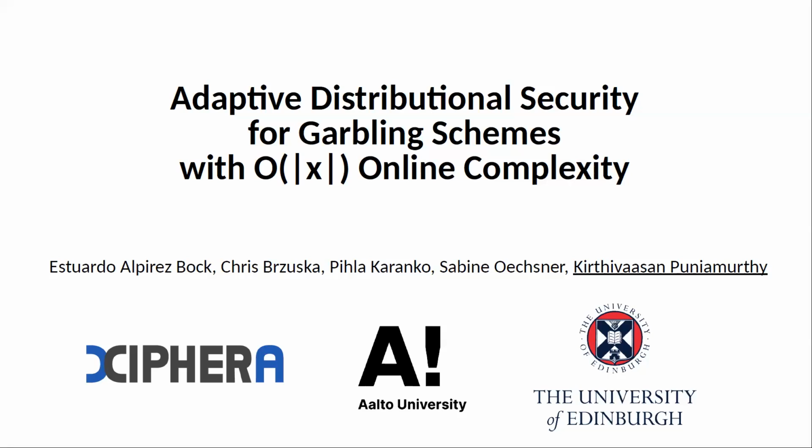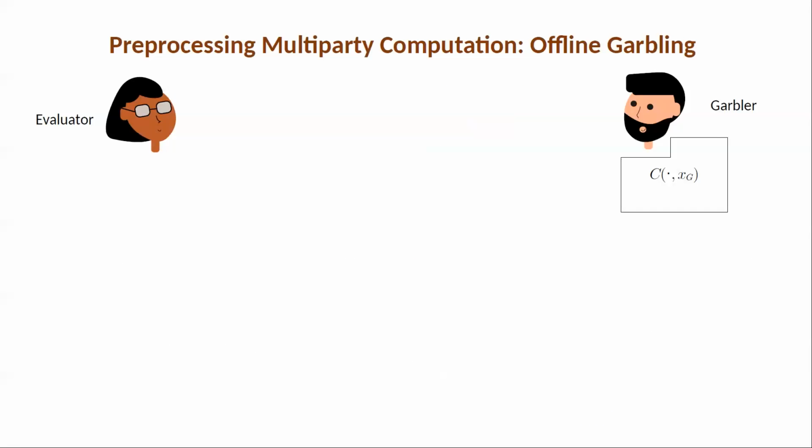So hello everyone, I am Kippy, and today I'll be presenting joint work with my fantastic colleagues, Eduardo, Chris, and Sabina. This work is about the adaptive security of garbling schemes with low online complexity. So let's briefly recall MPC.